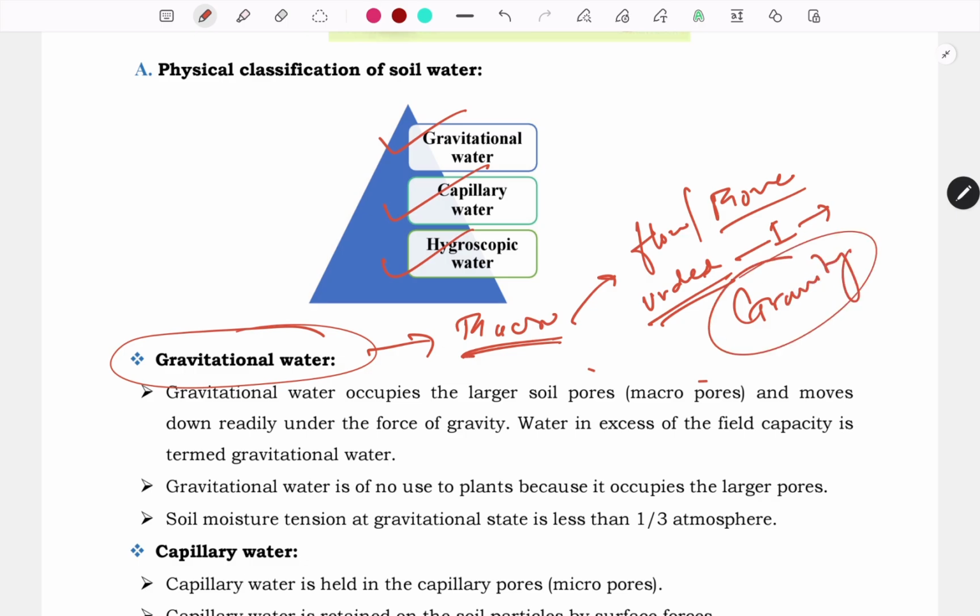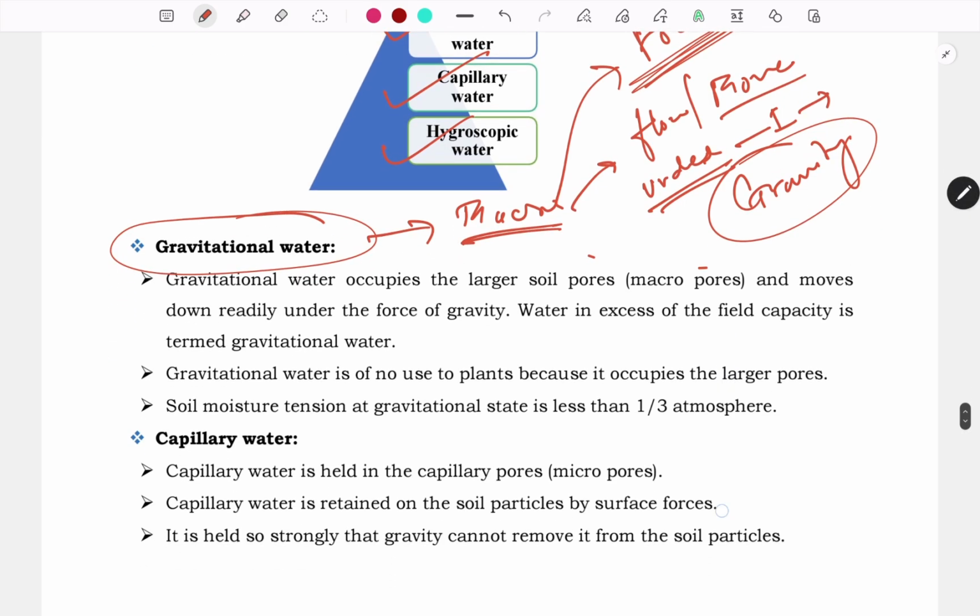That's why it is called gravitational water. It is also called free water because it is not held by the soil particles. It is not adhered to the soil particles. That's why it is free water. When there is gravity, it flows.